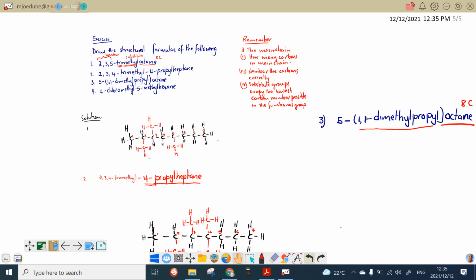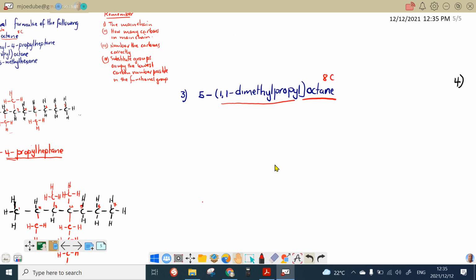The substitute group itself has a substitute. What does it have? It has a dimethyl group on carbon number 1 of that particular substitute group. So when you represent this, it's important that you take note of the following: that your longest chain has 8 carbons. So 8 carbons, which we shall represent.